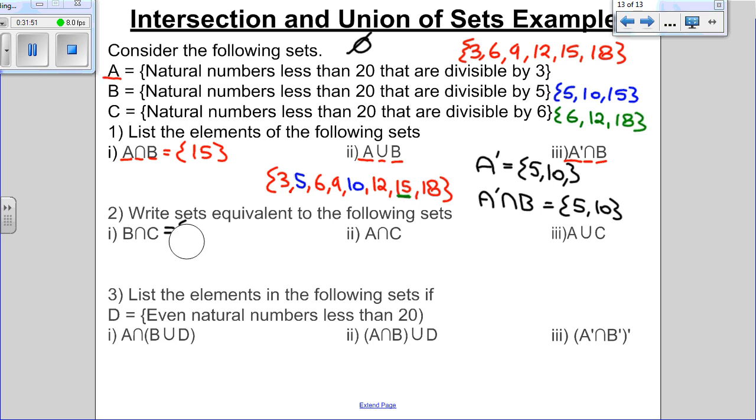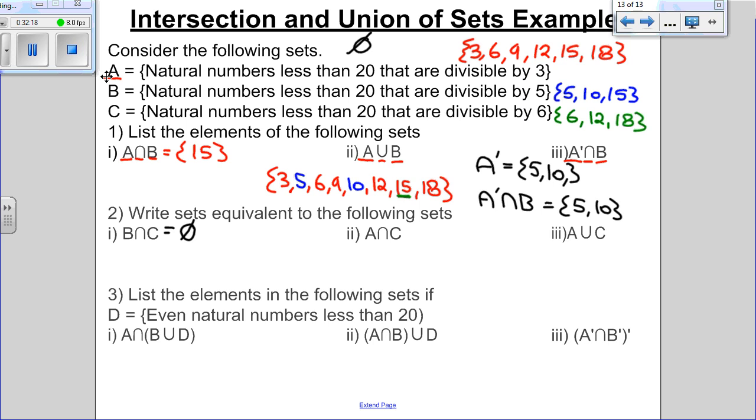What's another empty set you could think of? That's what they're asking you to do. So what would be an equivalent thing that would be an empty set? Things that are in C and are not in A, that would be a good one.